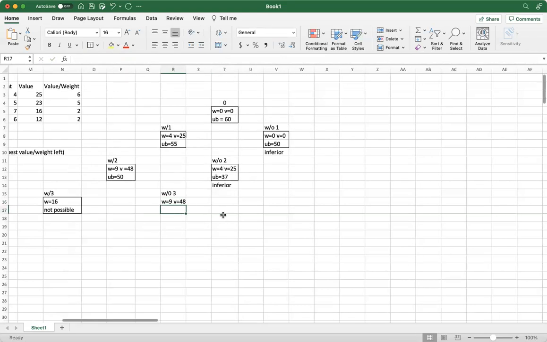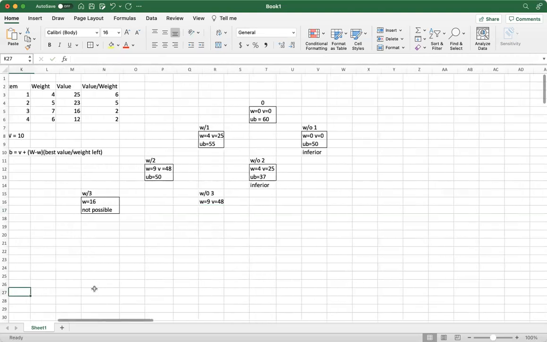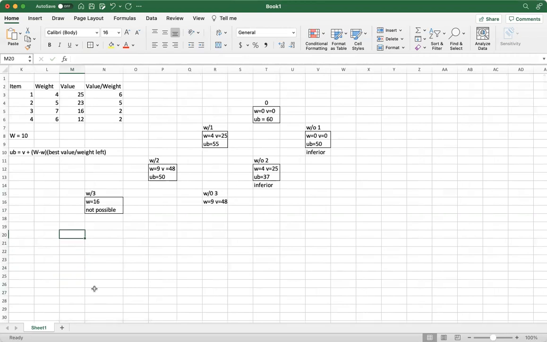Okay, and our UB here is going to be equal to the value here, which is 48, plus we only have 1 left. The 10 minus 9 is 1, times the 2 that we have left, or 2.